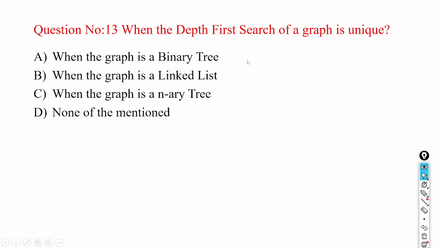And question number 13. When is the depth first search of a graph unique? In our earlier question we discussed the depth first search of graphs. DFS uses the stack data structure, while BFS uses the queue data structure.